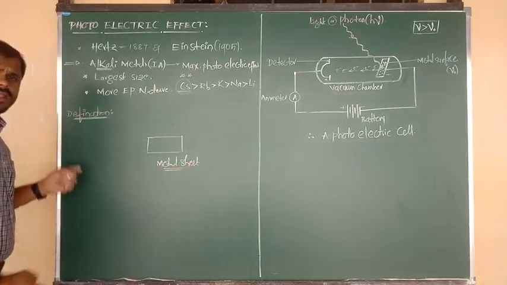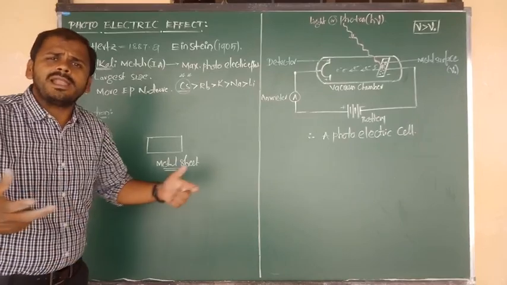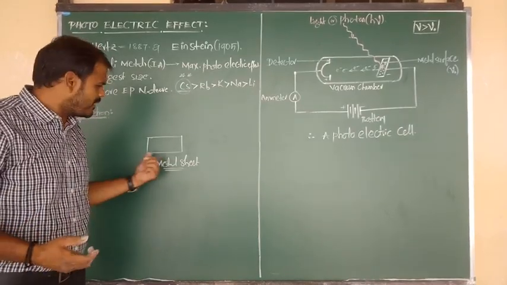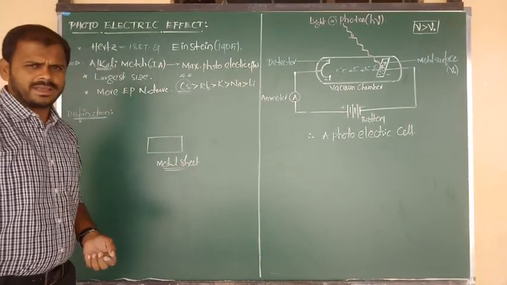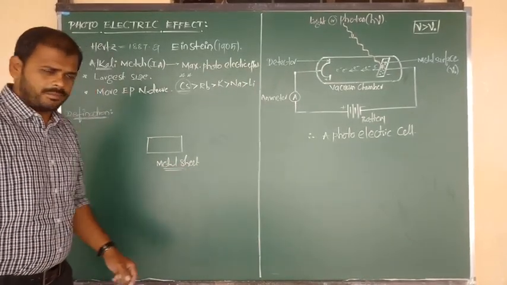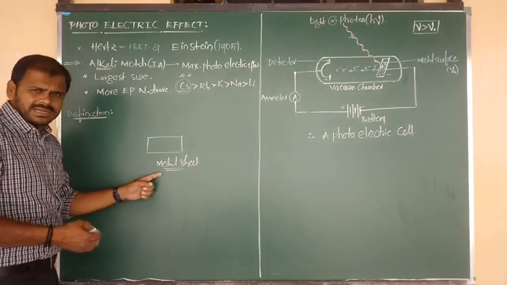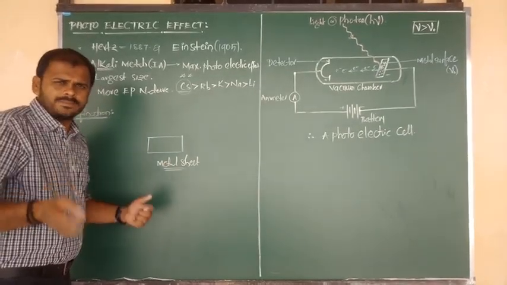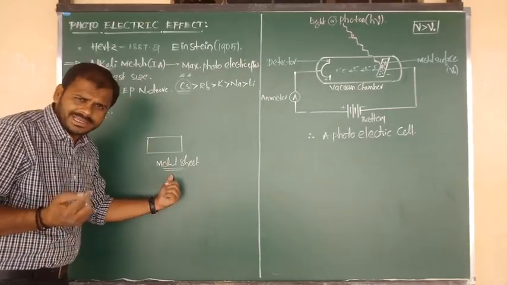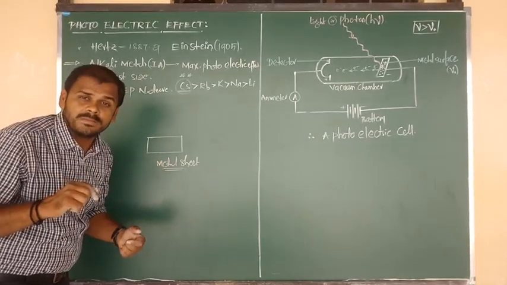You know very well that metals have which nature? Malleable nature. That means they can be converted into sheets. Anyway, I am going to consider any metal as you wish, no problem. Metal means definitely a number of metal atoms will be there. Suppose the metal sheet is a copper sheet. That means a number of copper atoms will be there.